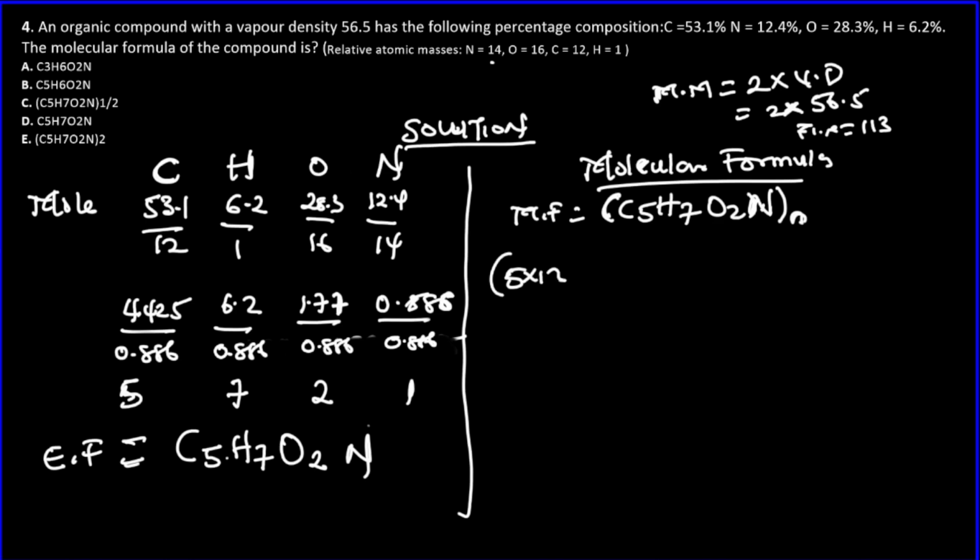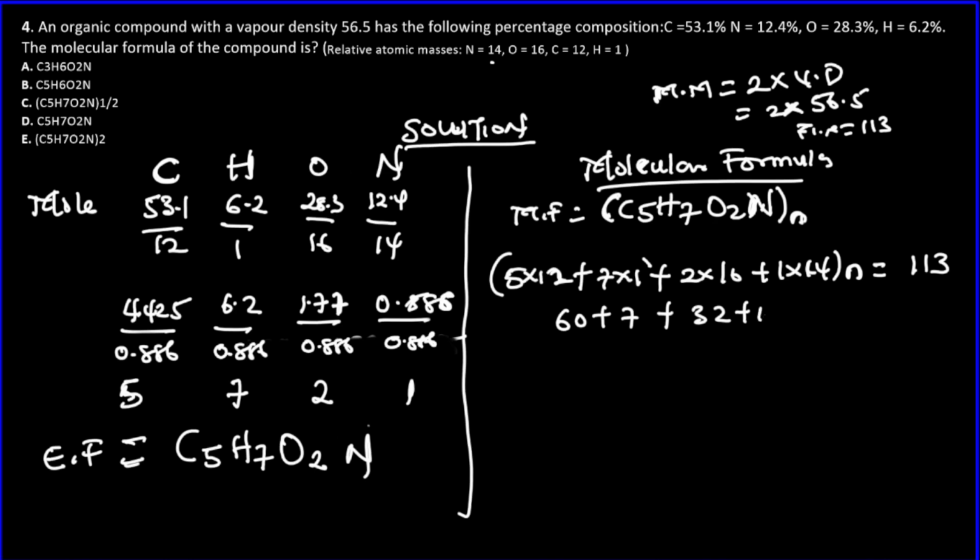Relative molecular mass of the empirical formula plus 7 times 1, that's hydrogen. For oxygen, we have 2 times 16 plus 1 times 14 for nitrogen times open bracket multiply by n equals 113. So this is 60 plus 7 plus 32 plus 14, all multiplied by n equals 113.